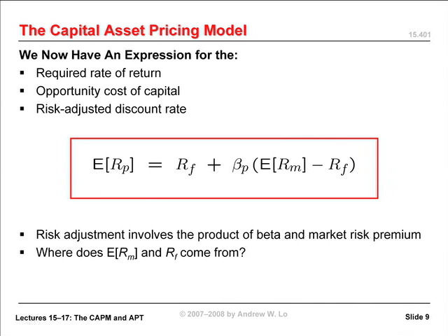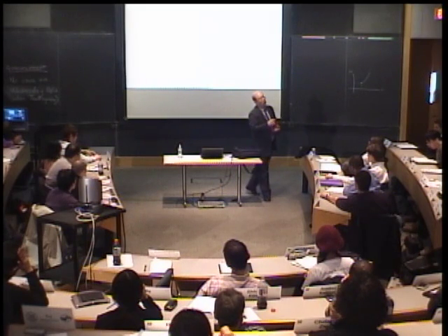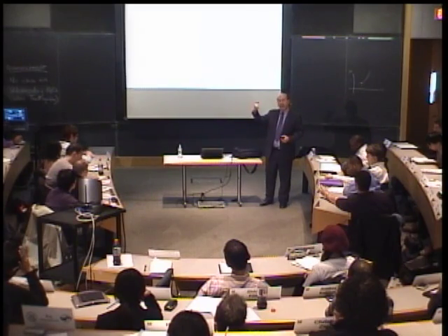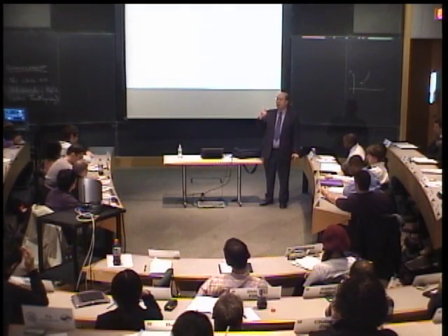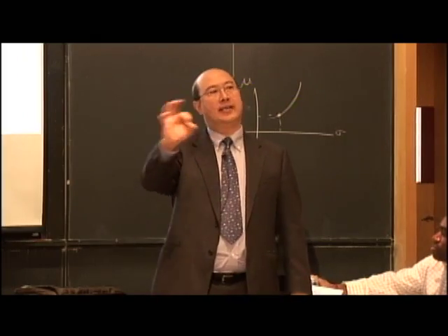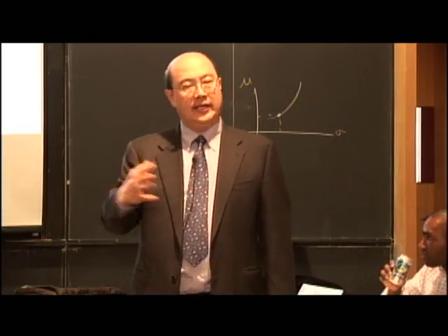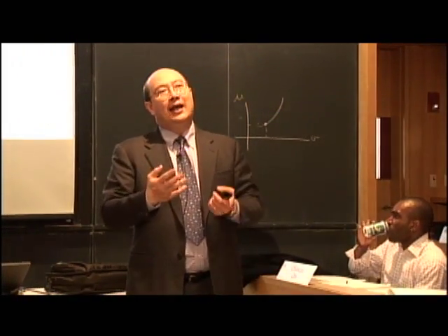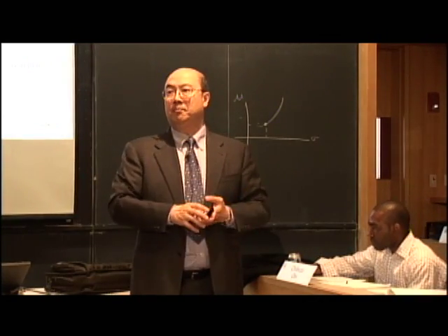Now, I want to give you one more intuition for why it is that beta is the appropriate measure of risk and not sigma for arbitrary, inefficient portfolios. And the idea is actually pretty simple.